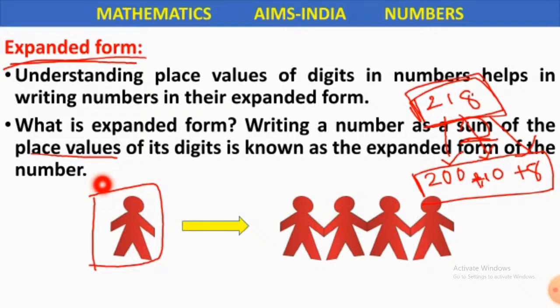First we took a piece of paper, we drew a shape, and then we cut the paper. After opening the paper's folds, we get many shapes of the same pattern, right? This is how expanded form works. We take a small number and write it as a bigger expression, as a sum of its place values. Okay children, understood? Expanded form is the sum of its place values.